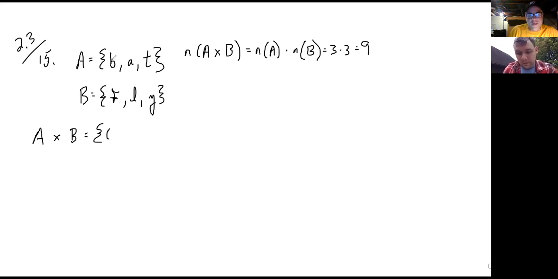So I'll just go down the line, take this one, and then write the ordered pair BF. Then comma to separate the elements. So I've got my first ordered pair. Then I'll go BL, and that's better parenthesis. Okay. And then BY.